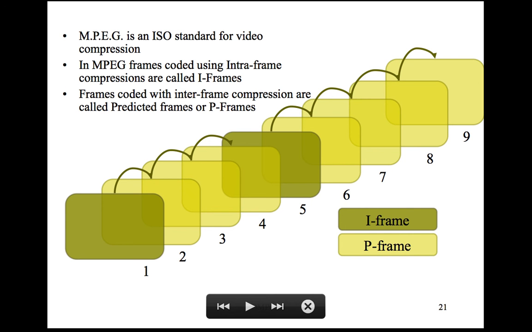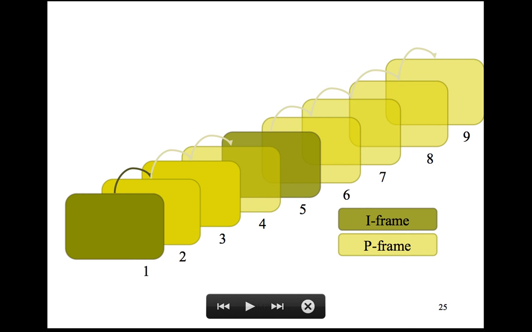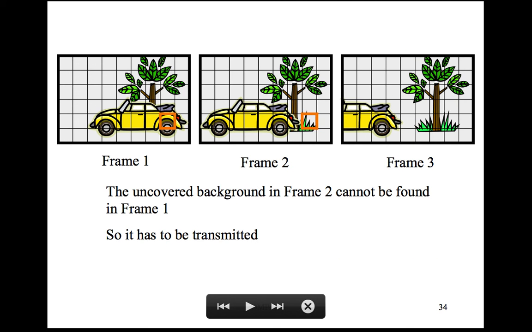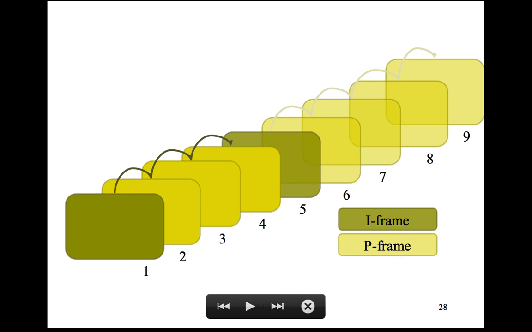MPEG uses I-frames and P-frames, or predicted frames, and I believe we saw this already, didn't we? So just to recap, in this example here, frame 2 is built using parts of frame 1, frame 3 is built using parts of frame 2, frame 4 is built by reusing parts of frame 3.